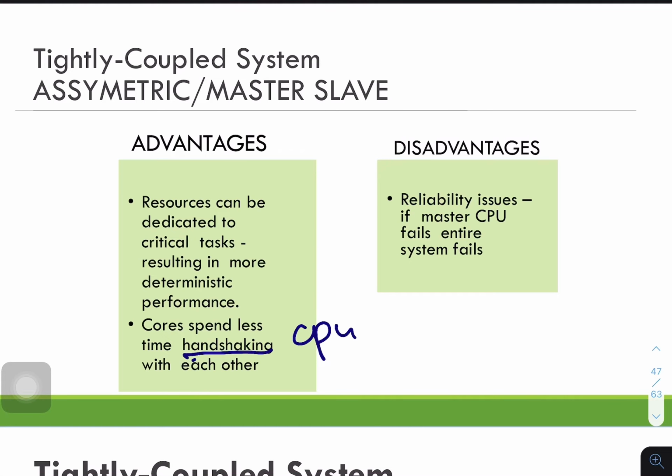Okay, so kat sini dia akan menjimatkan masa. Dan disadvantage of master slave adalah reliability issue. Dia tak reliable lah, di mana if the main CPU ataupun the master CPU fails, then the entire system will fail as well. Situ adalah disadvantage dia.